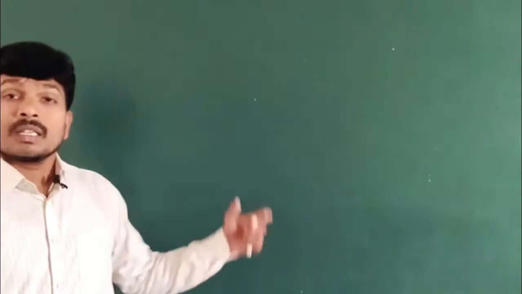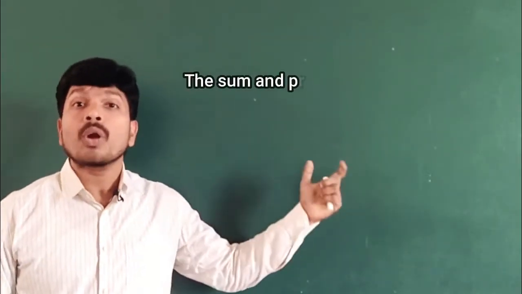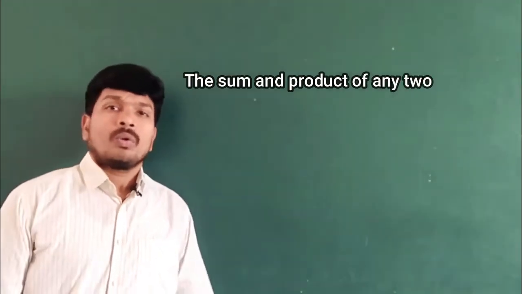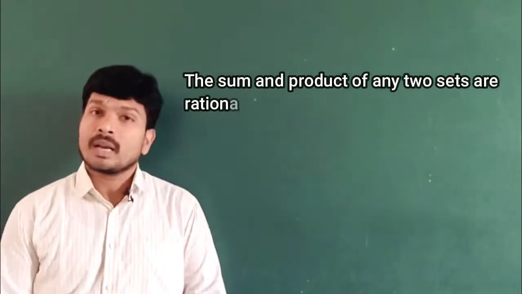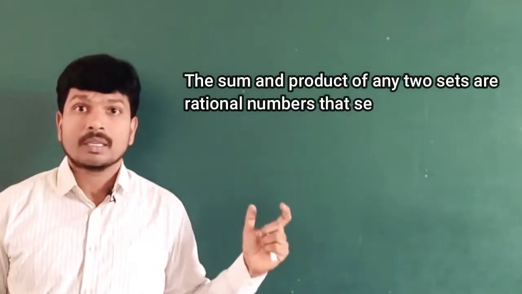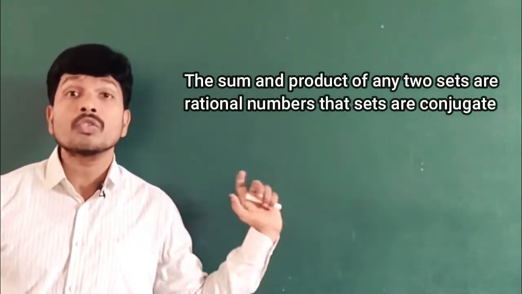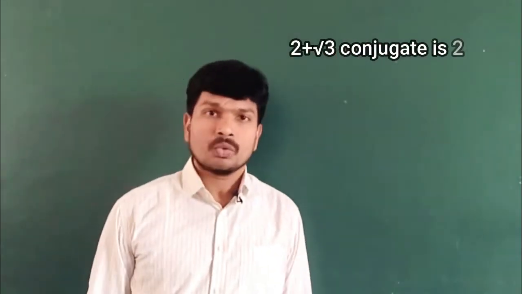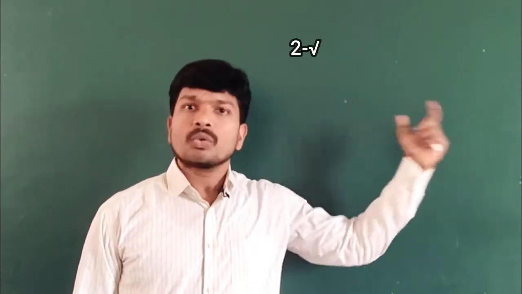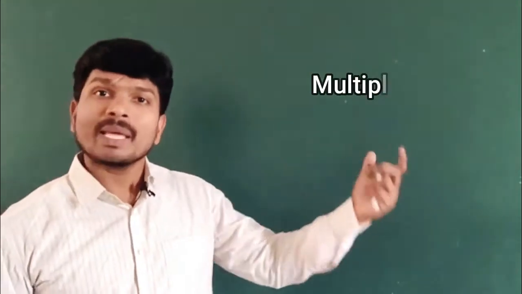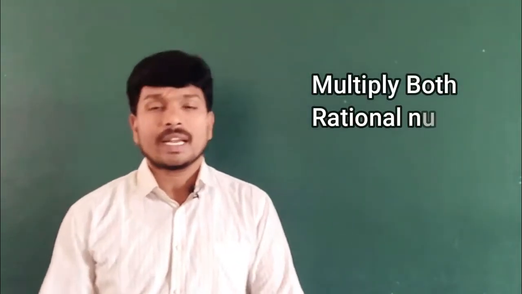What is the definition of conjugate of a surd? If the sum and product of any two surds are rational numbers, then those surds are conjugates to each other. 2 plus root 3 conjugate is 2 minus root 3, and 2 minus root 3 conjugate is 2 plus root 3, because if you add both you will get a rational number, and if you multiply both you will definitely get a rational number.